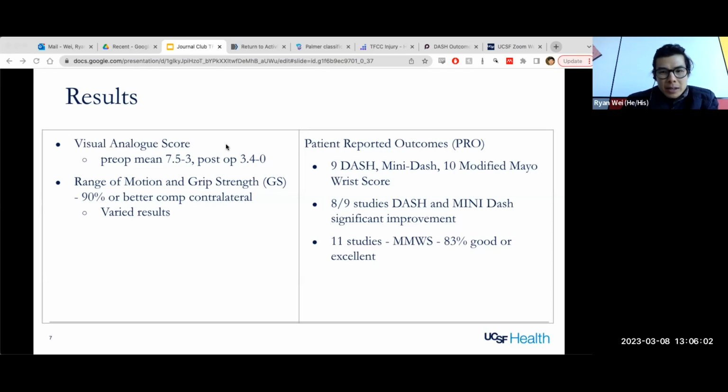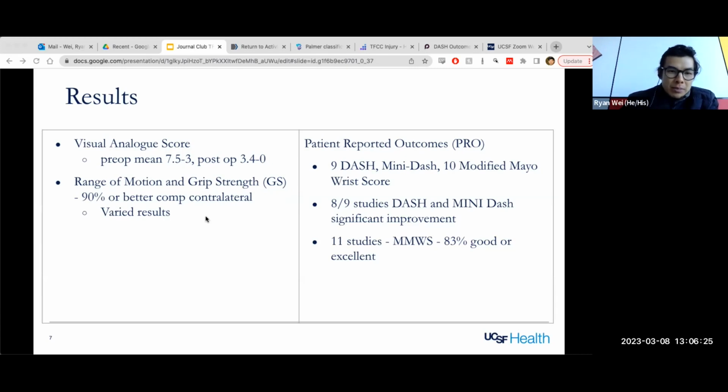And I think we can see that on the outcomes later. What they had reported was that 3 of the studies had no significant improvement in post-op range of motion. They noted that 2 of those studies, the range of motion was already 90% prior to pre-op and post-op. And then 1 study had no reported pre-op outcome scores.